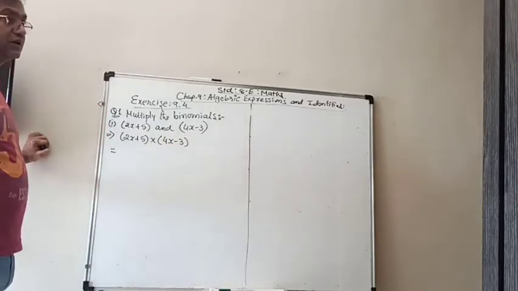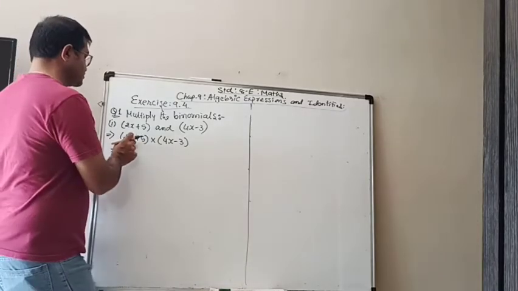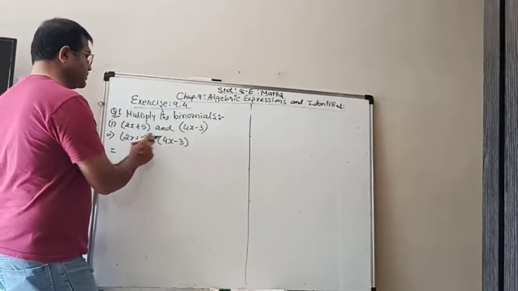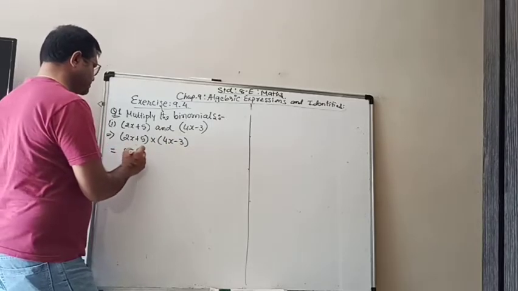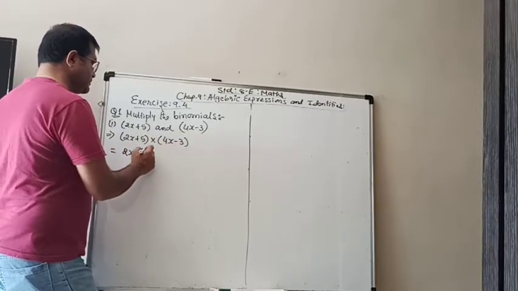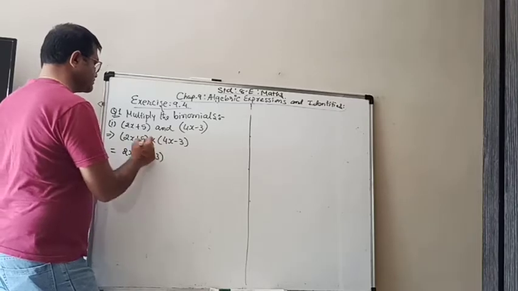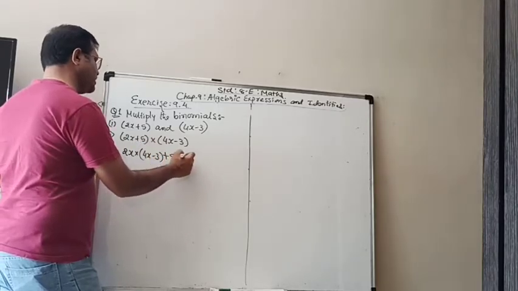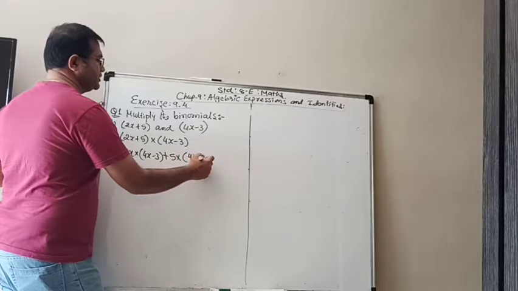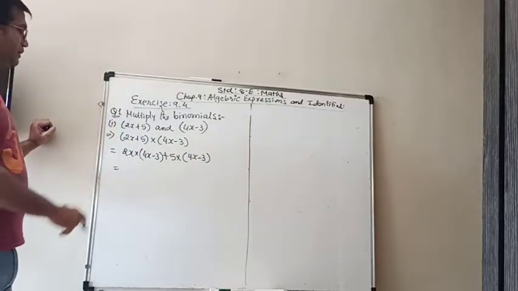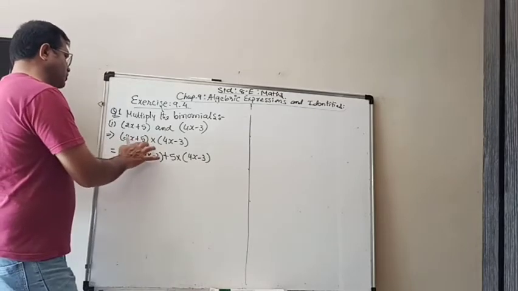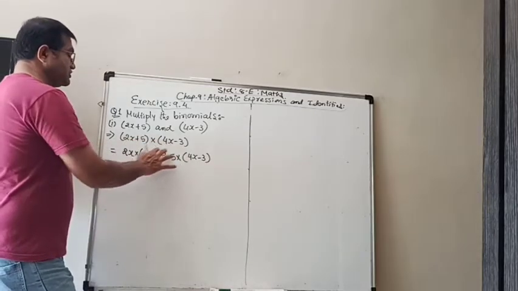As we saw before, both terms will be multiplied with this. So first 2x multiplied by 4x minus 3, plus 5 multiplied by 4x minus 3. So the first step is to multiply both the terms of the first binomial with the second binomial.